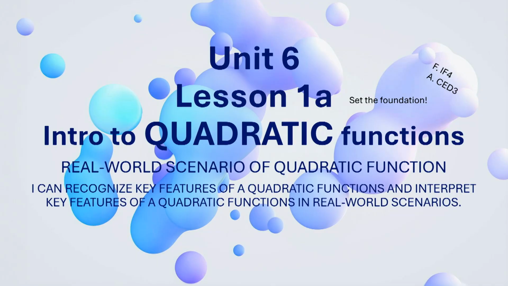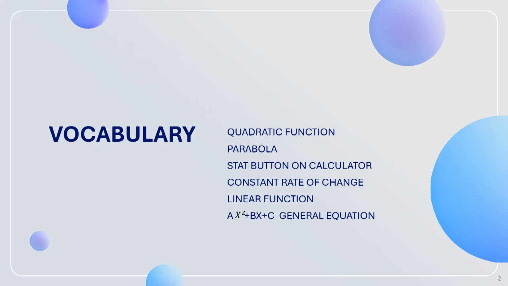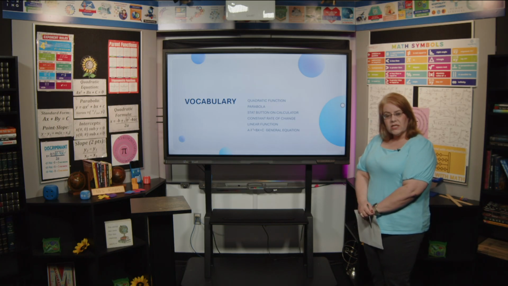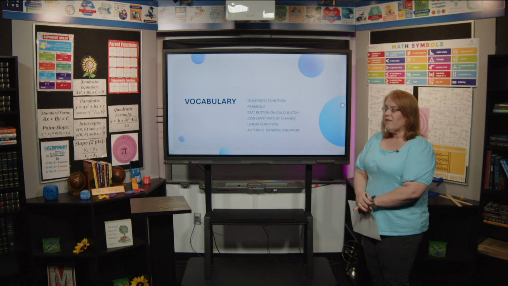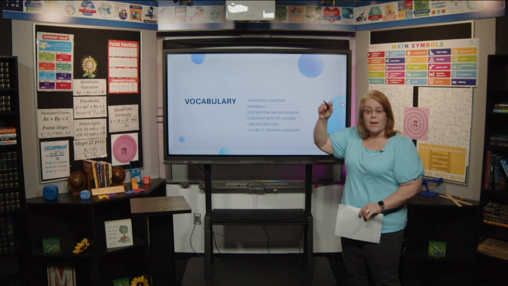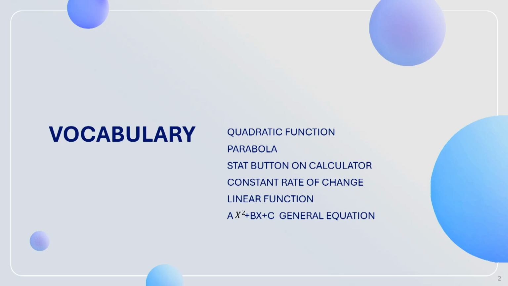All right, the first thing I want us to do is look at some vocabulary. We are looking at this quadratic function, which is a little bit different than the linear that we just learned about. The way that our quadratic equation is graphed is called a parabola. It's a U-shape, which I think I've talked about a little bit.